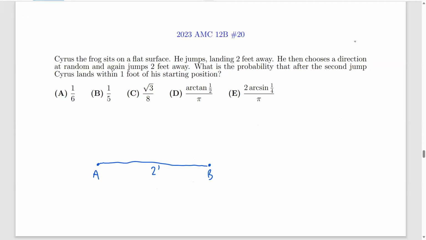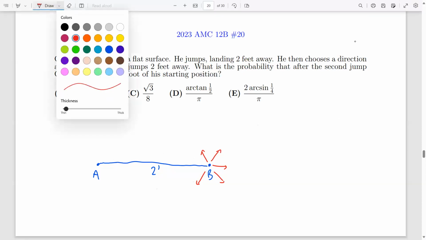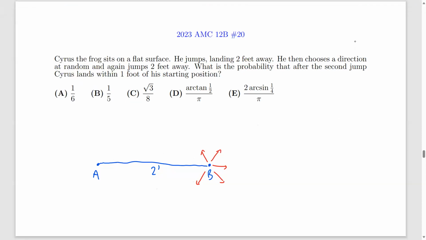Now from point B, Cyrus can jump in any possible direction, chosen randomly and uniformly. We need to figure out which directions Cyrus can jump so that he's within 1 foot of his starting position.